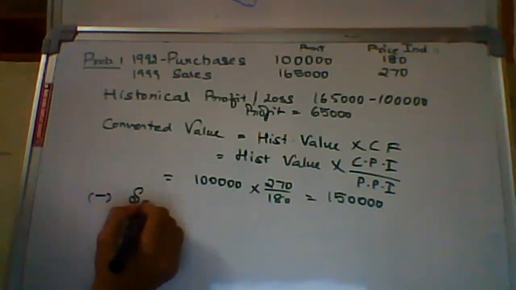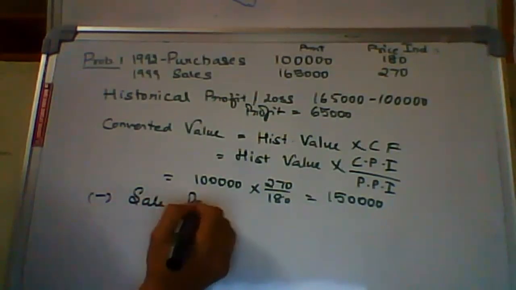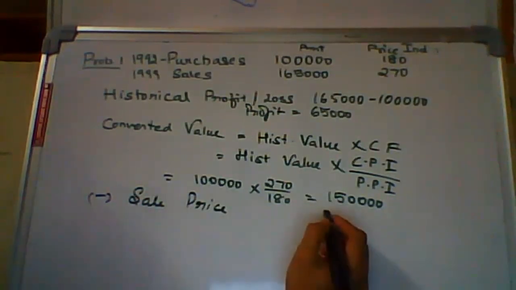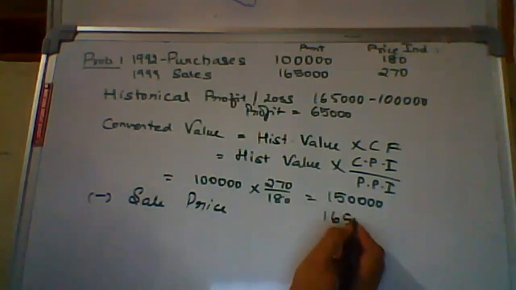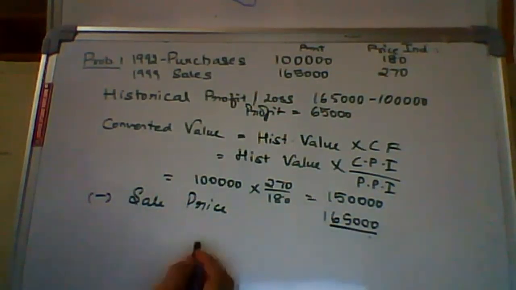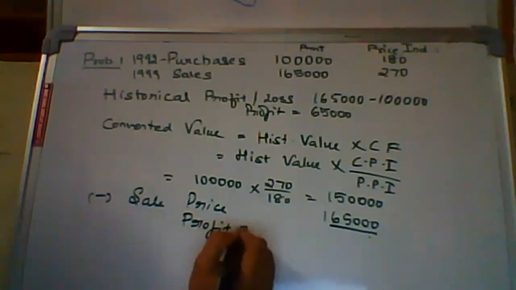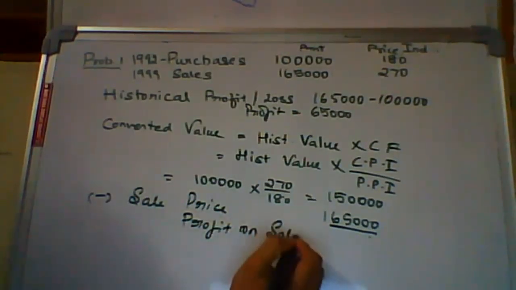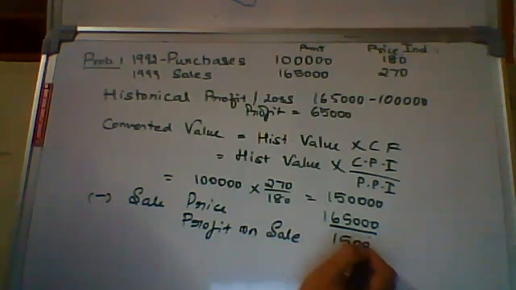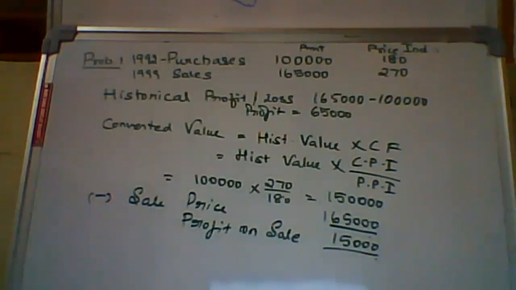How much value are you selling as on today? Sale price you are selling is 1,65,000. So what happens? Are you getting any profit on sale? Yes, you are getting a profit on sale of 15,000.